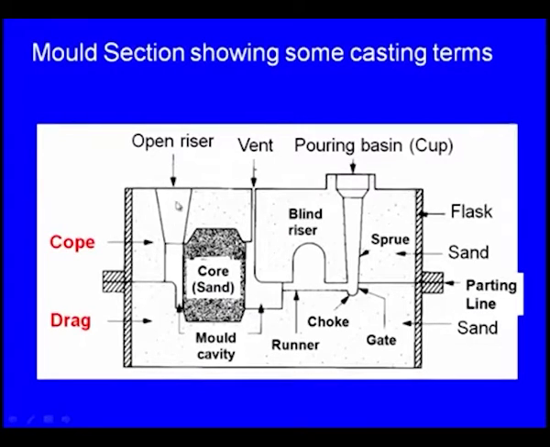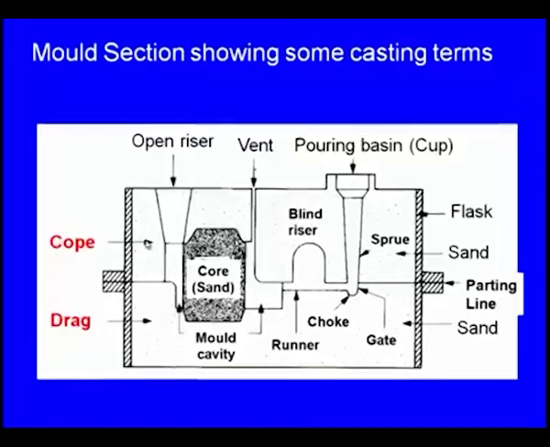And here we can see the section of a sand mould. This is one moulding box and this is another moulding box, and this is the mould cavity, created using some pattern.